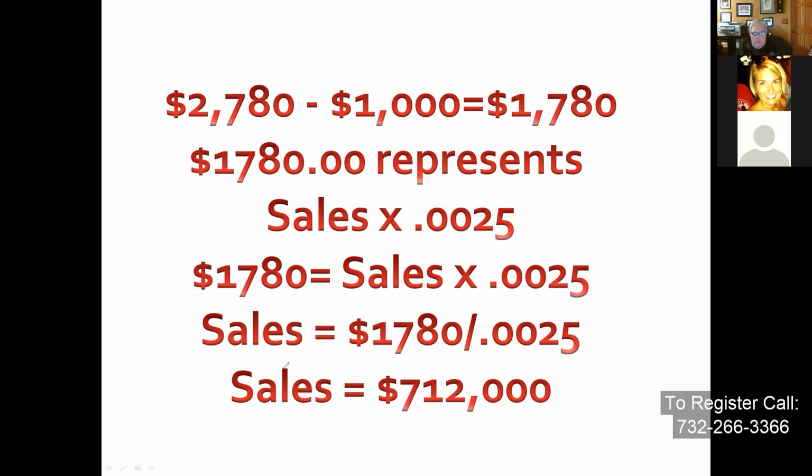So you take your 712,000 and multiply it by 0.0025, and we can see that comes up with 1780. And 1780 plus the $1,000 flat fee gives us the number we're looking for, which is the 2780.